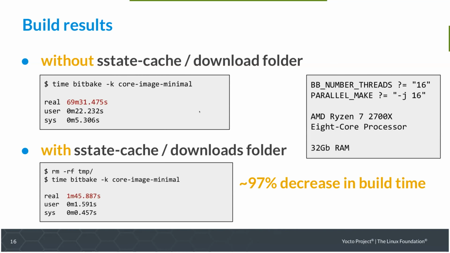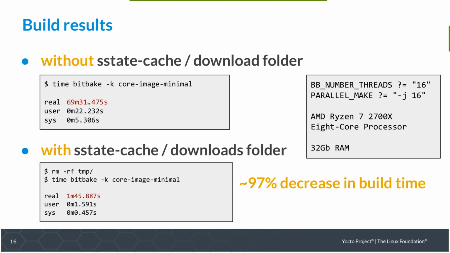Here we have an example. If you do this, it's very simple to see the effect of the cache, sstate-cache on your build. If you build everything from scratch, do a first build here without download folder and sstate-cache. I used a machine that has 16 threads, this CPU, 32 gigabytes of RAM.